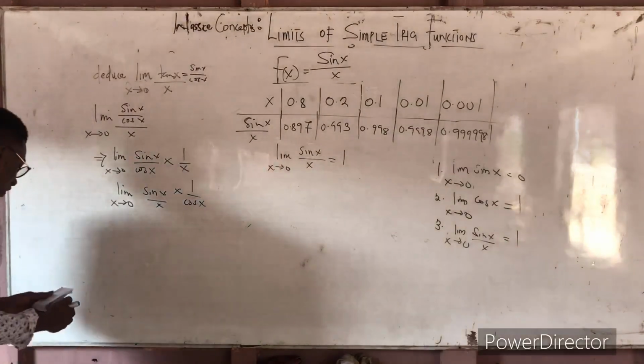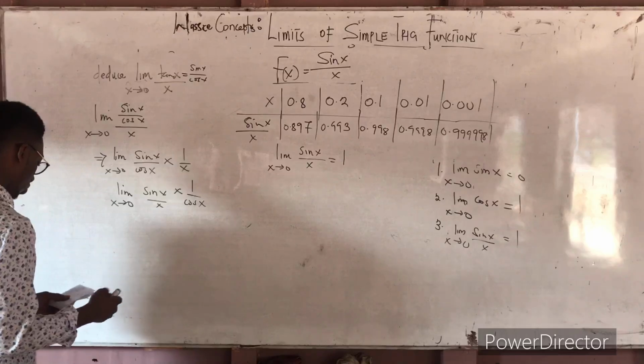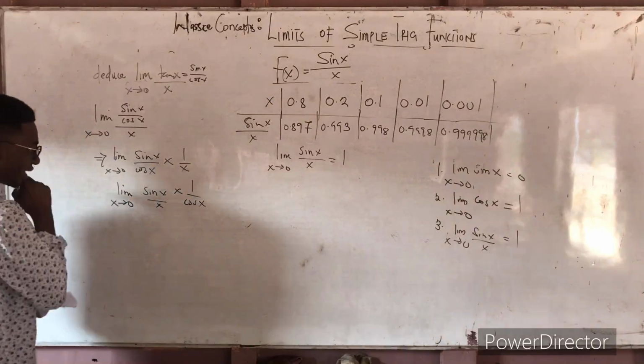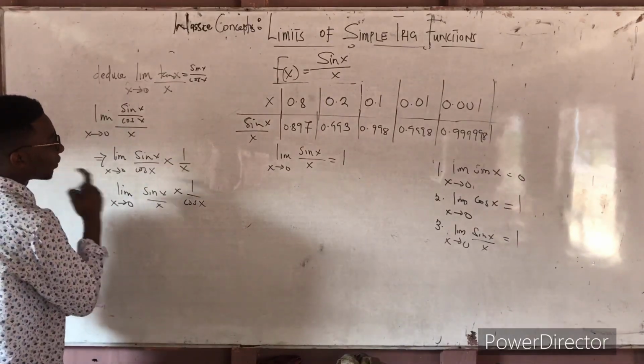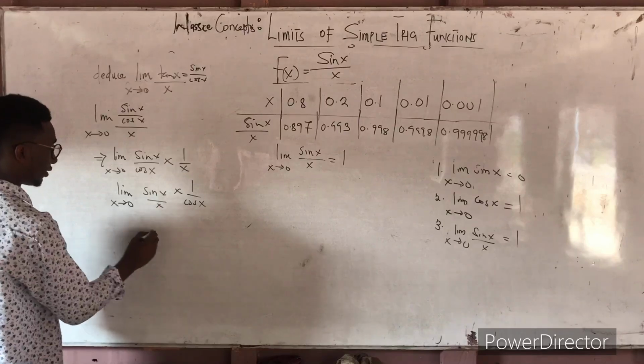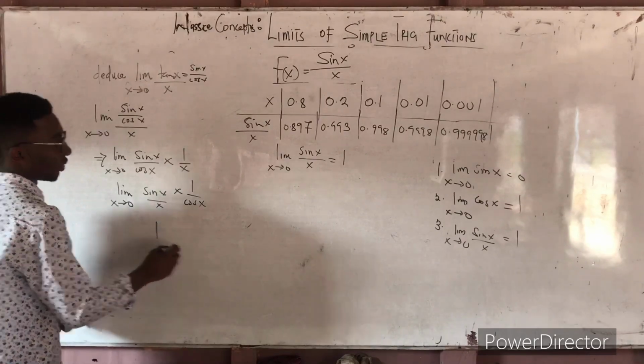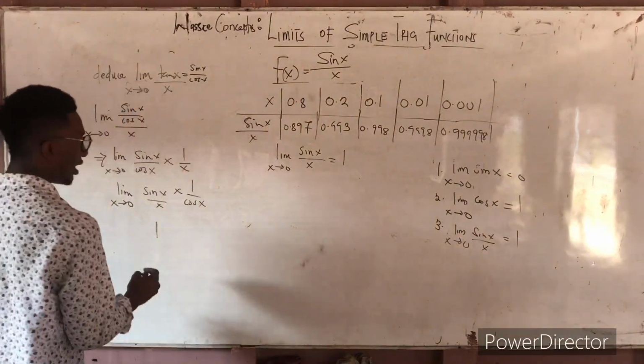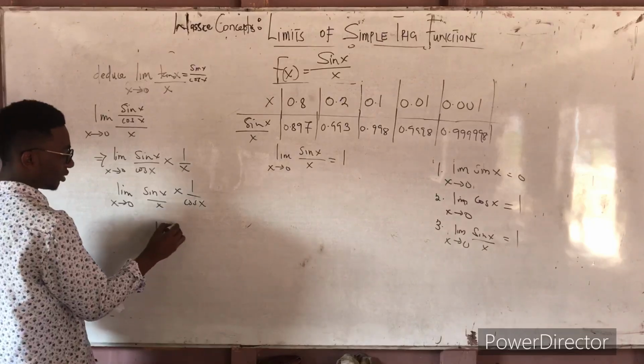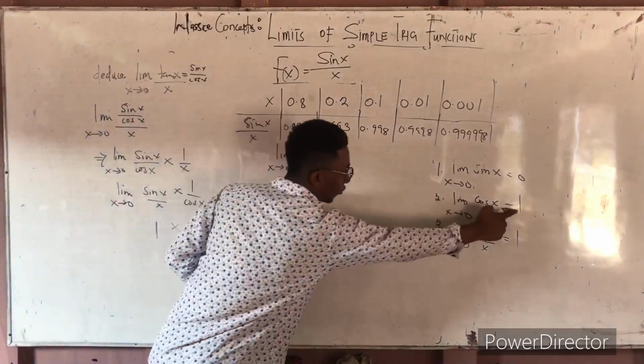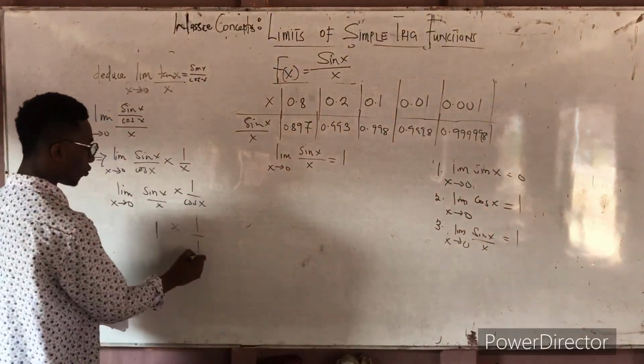Now, if we separate the two of them and go to them individually, the limit of sin x on x is 1, as we established here, and the limit of 1 on cos x is also 1. So that means we get 1 times 1 here.